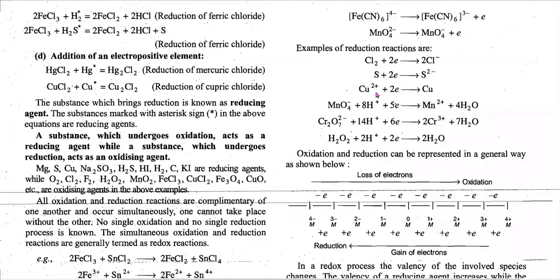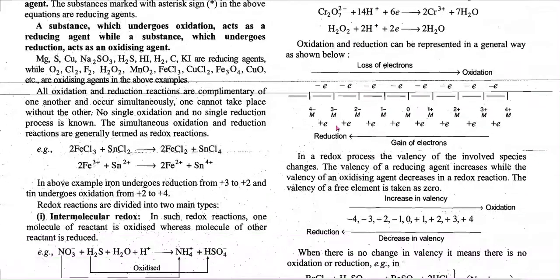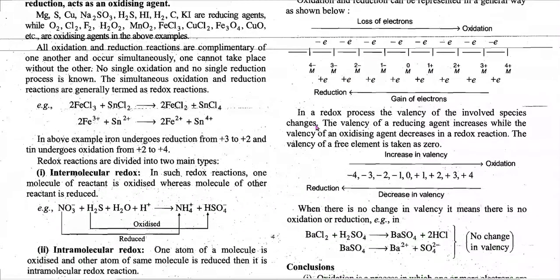Similarly, cupric ion got 2 electrons and converted into copper atom. And similarly, in the following reaction, gain of electron is taking place, and gain of electron is known as reduction. So this is the general way of representing.